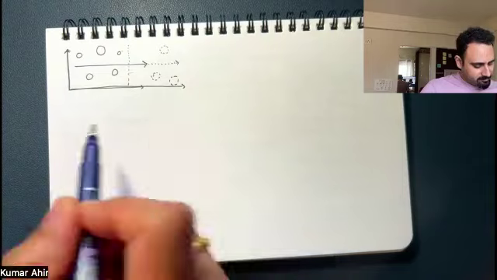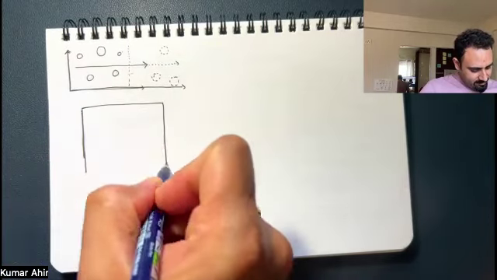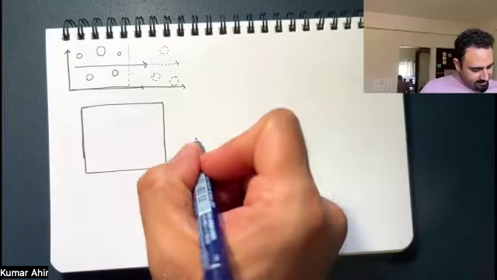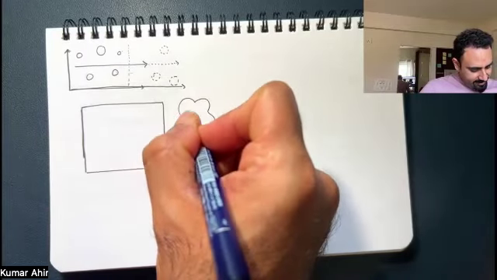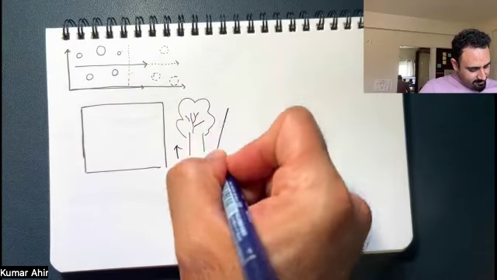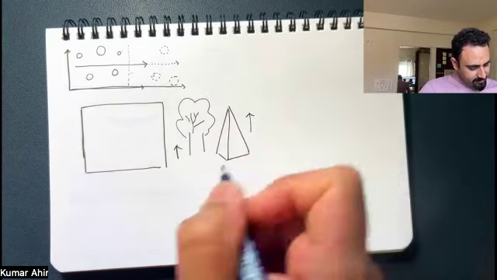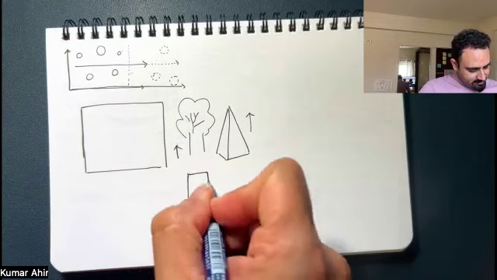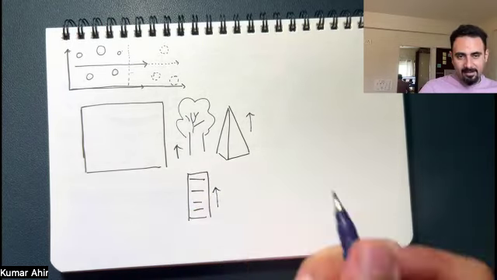Okay. Second one is, we always look at, let's say, metaphorically, a tree, which grows upwards. Pyramids, right, which go upwards. Then buildings go upwards, right?